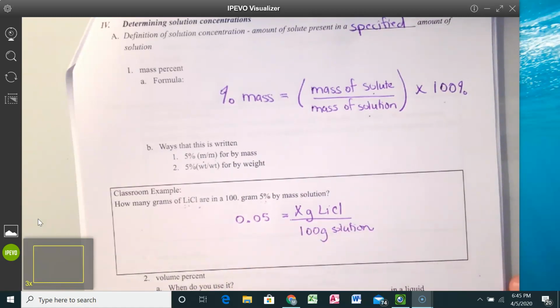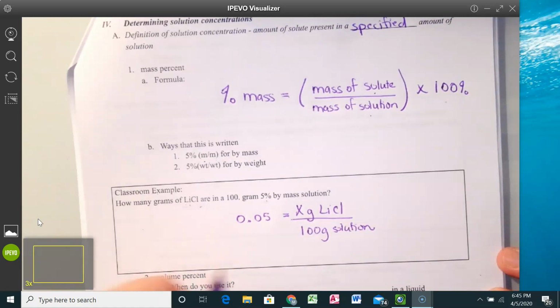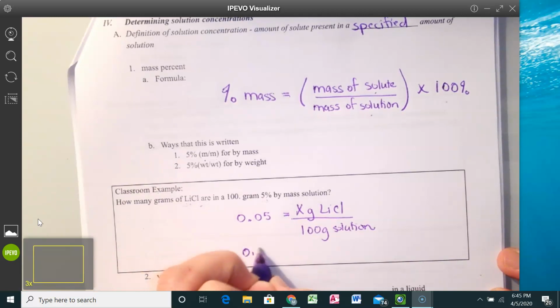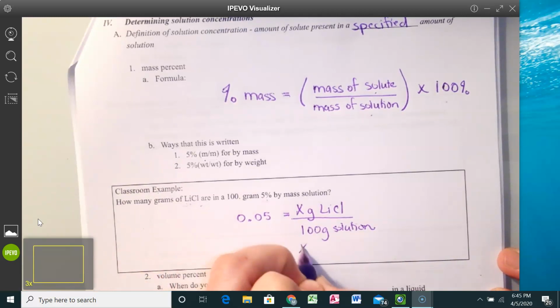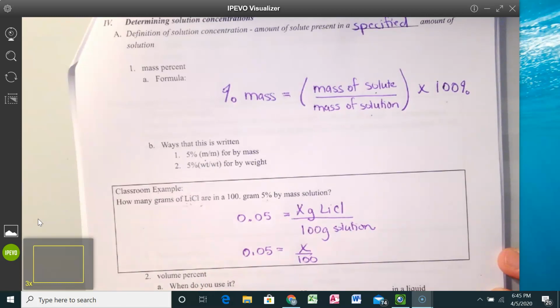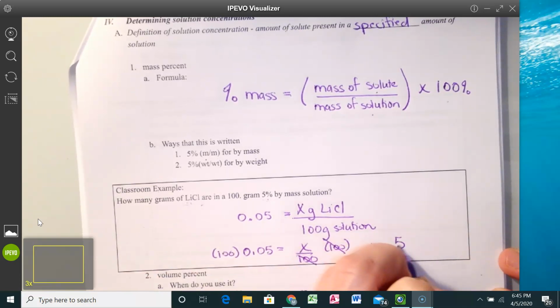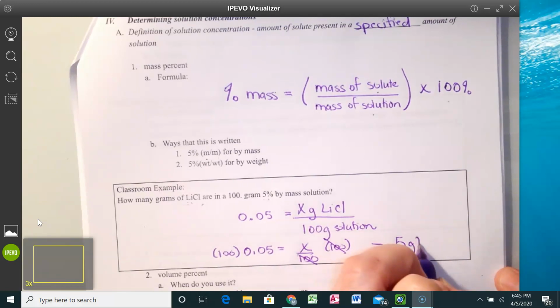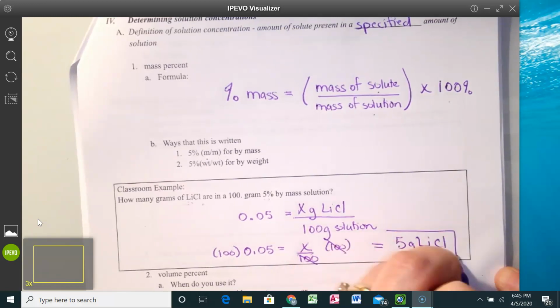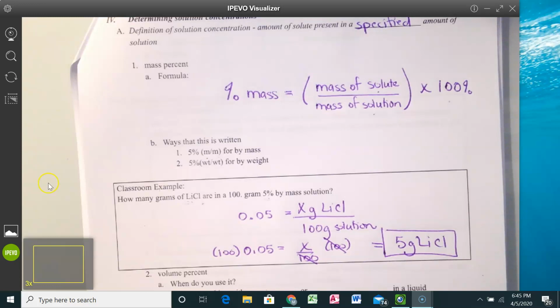So if I were just to break this down into mathematical numbers, this equals 0.05 = x over 100. So pretty simple calculation at this point. Multiply both sides by 100, I end up having 5 grams. 5 grams of what? 5 grams of lithium chloride.